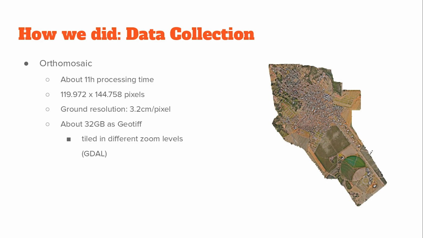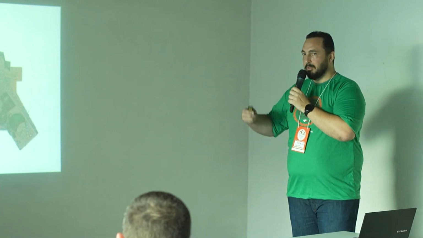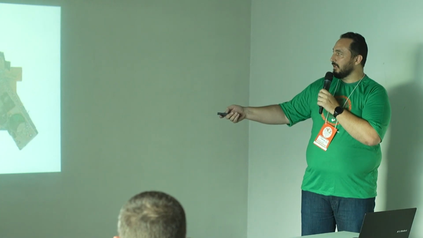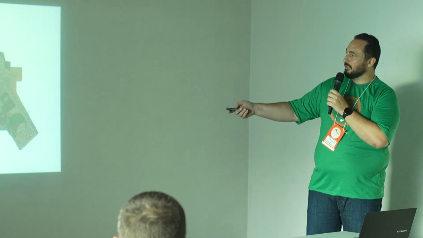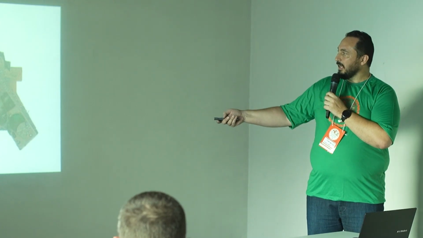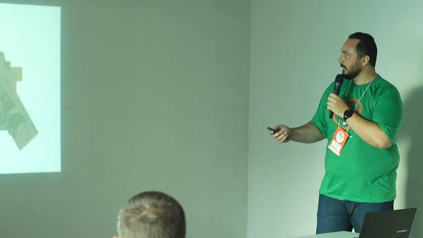So a high quality image to be the base of our work. For curiosity, the orthomosaic was about 32 gigabytes when we exported it as GeoTIFF. Then we tiled it with different zoom levels using GDAL.